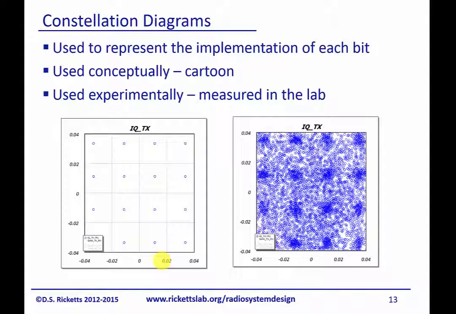And finally, I wanted to talk a little bit about constellation diagrams. We talked before about this being the I and Q, and this is with a rectangular pulse.